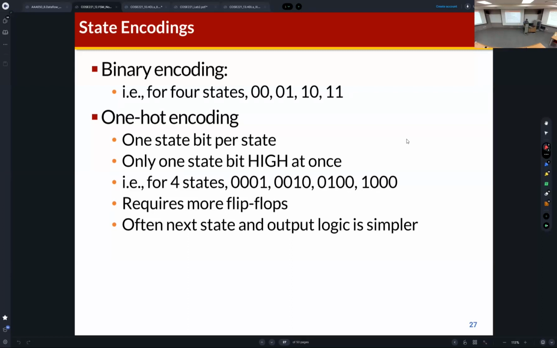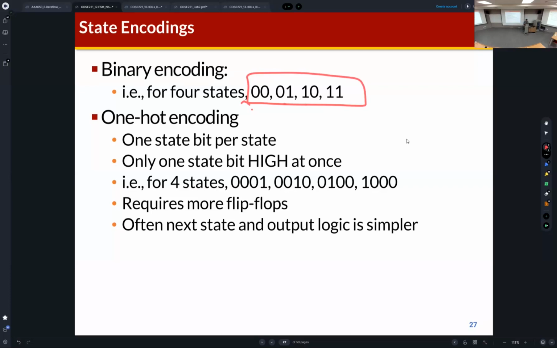Okay, 2 bits is enough because 2 bits can represent 4 different values: 00, 01, 10, 11. But we can apply different encoding methods, and we can minimize the number of bits used to represent the states.